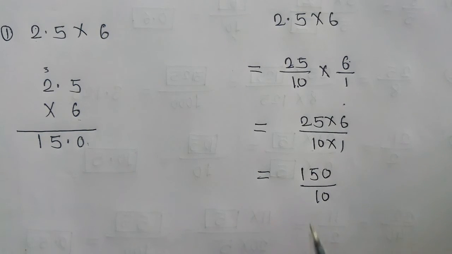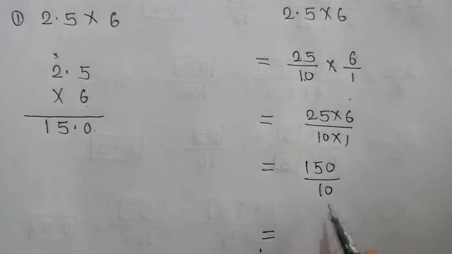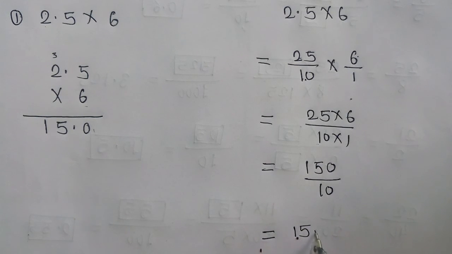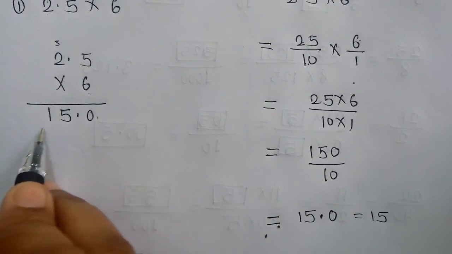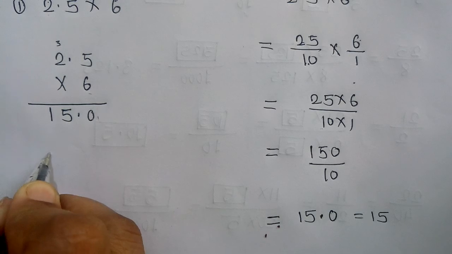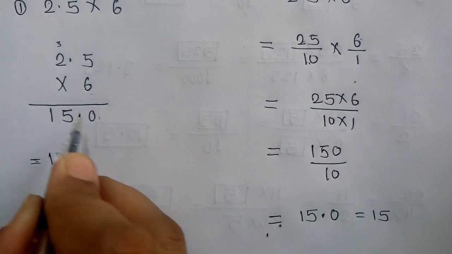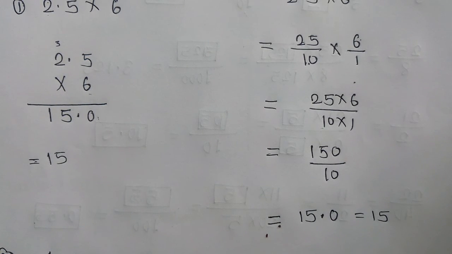Now here the denominator is 10, so we can convert this common fraction into decimal form. So how can we write it? 15.0. 15.0 you can read as 15 also. Here also this 15.0 you can write as 15 only. As I told you, there is no value of this 0 after the point.